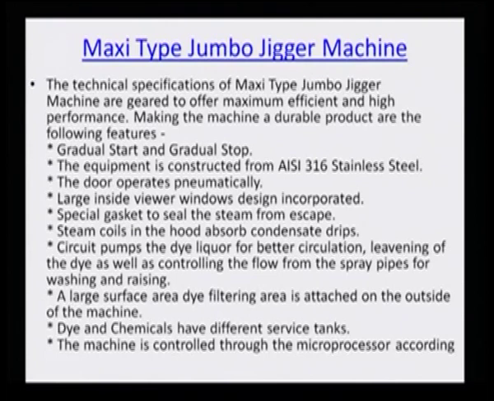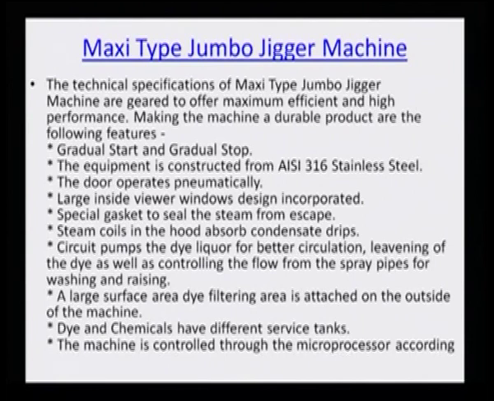It is not escaping, and the steam coils in the hood absorb the condensate drip. So, again it is going back into the same solution, nothing is being wasted. This gives an advantageous situation for the dyer, and this is the most popular machine. The jigger machine is one machine which every dye house will have.